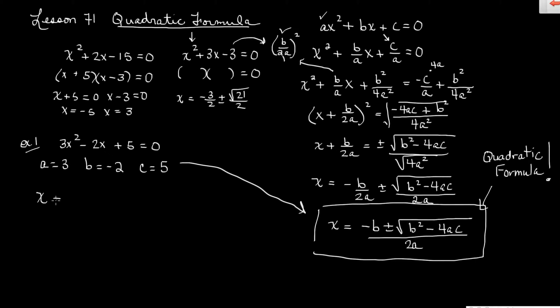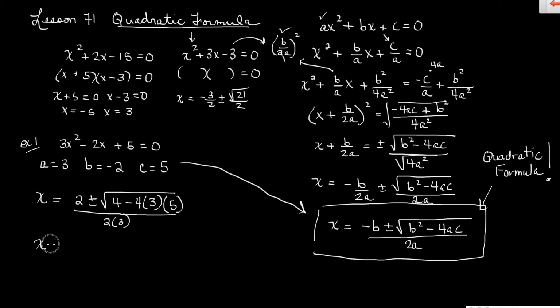So you get x equals negative b, so it's already a negative 2, so a negative 2 would be 2, plus or minus the square root of b squared, so that's negative 2 squared would be 4, minus 4 times a is 3, times c is 5, all over 2 times a. So it's really just a plug and chug kind of thing. It's a little complicated. You'll see why in a minute.